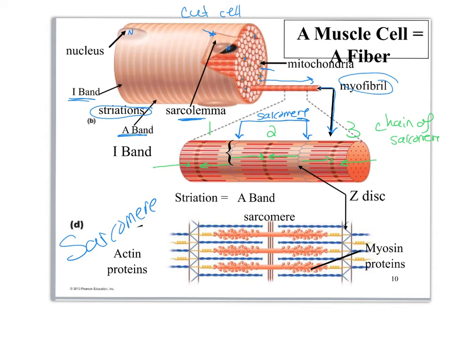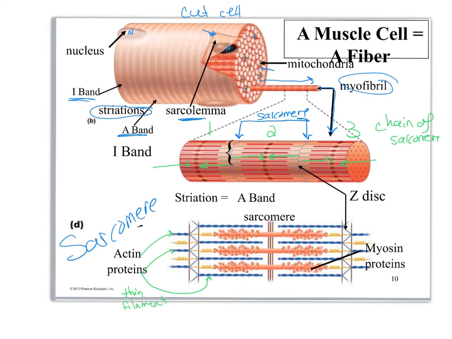Now we're going to blow up the sarcomere so that you can see the structure a little bit better. So you've got the Z disc here and the Z disc here. And then what you've got are, what have they done here? I've lost some of my arrows when it moved from one program to the next. So each one of these blue lines is called an actin protein. And we call these lines also thin filaments.